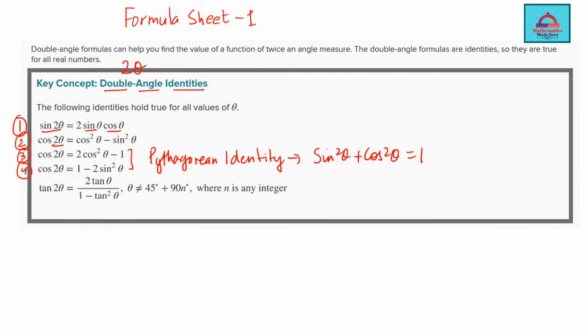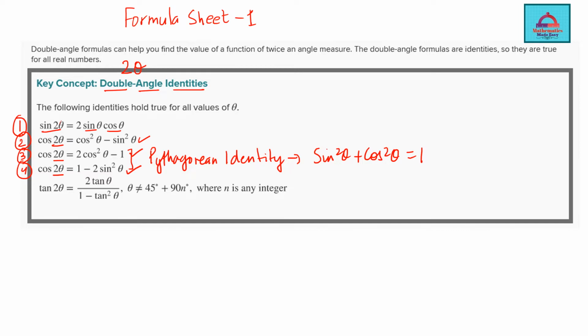So if you replace any one, for example, you put cos square as 1 minus sine square, what you get is this identity. If you replace sine square theta with 1 minus cos square theta, coming from the Pythagorean identity, what you get is this identity. So these are three different forms of the same identity for cos of double angle, but you may use them as and when needed.